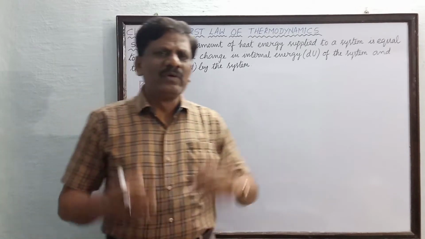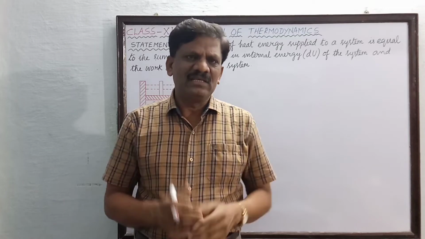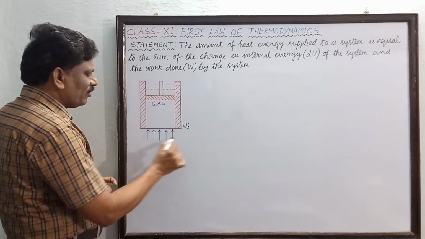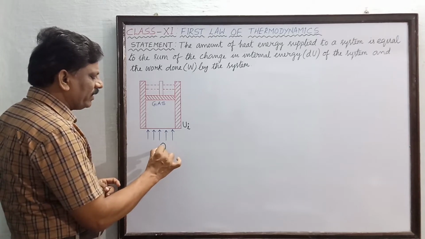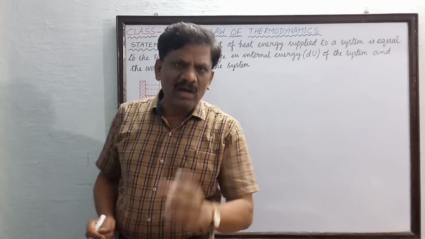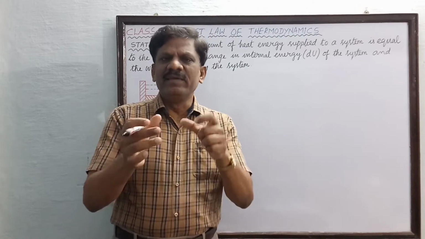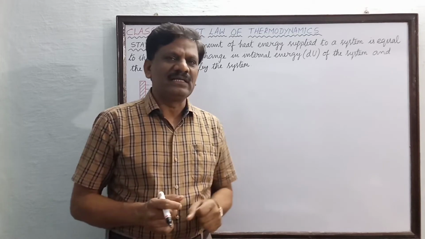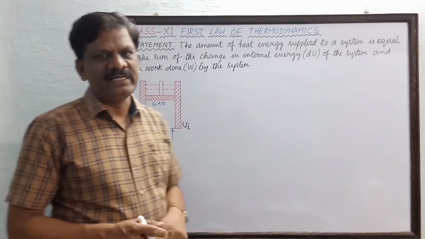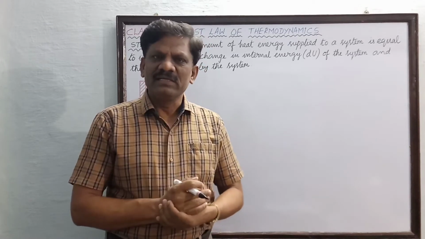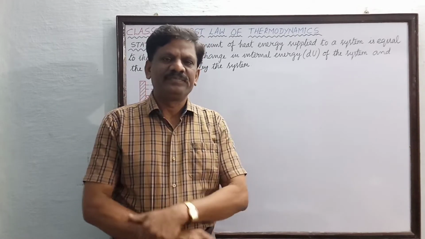Now I am going to supply some heat through the base. You can see these arrow marks here. These indicate the quantity of heat supplied to the system. So Q joule of heat: you can keep a gas flame, a Bunsen burner, below the base of the cylinder, and supply some quantity of heat to the gas, which is the system.